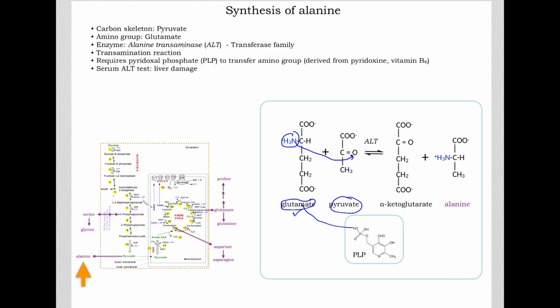The amino acid will become the alpha keto acid, so glutamate becomes alpha ketoglutarate, while the pyruvate, the alpha keto acid, will become the amino acid, in this case alanine. Transaminases require a coenzyme, pyridoxal phosphate, or PLP, in order to transfer the amino group from the amino acid to the alpha keto acid.